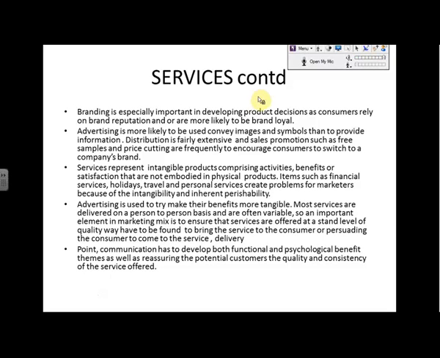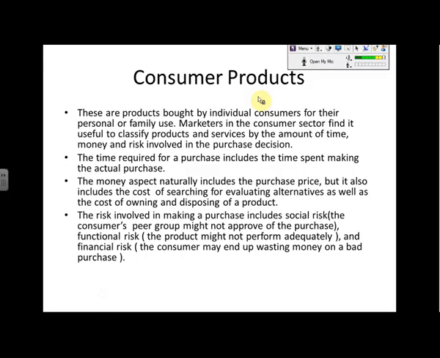Consumer products. These are products bought by individual consumers for their personal or family use. So a consumer product is a product that is bought by the consumer for their personal or family use. Marketers in the consumer sector find it useful to classify products and services by the amount of time, money, and risk involved in the purchase decision.